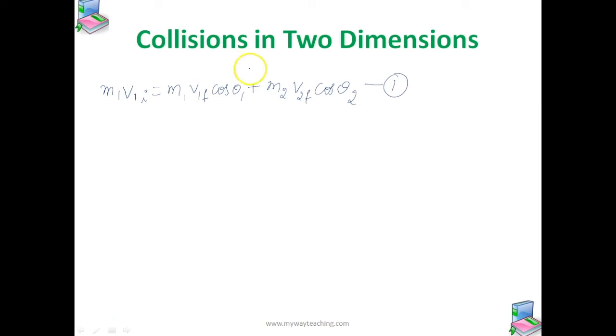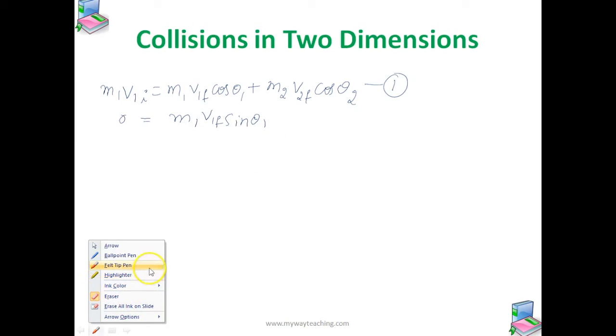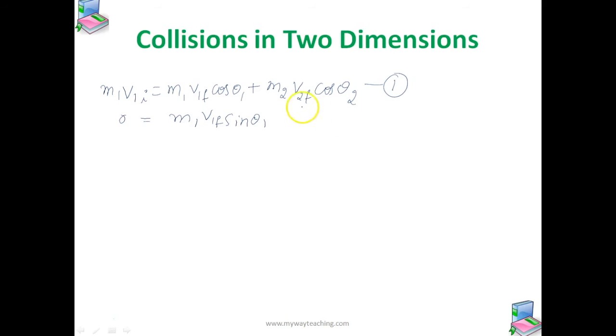And the other equation: 0 is equal to m1 v1f sin theta 1 minus m2 v2f sin theta 2.